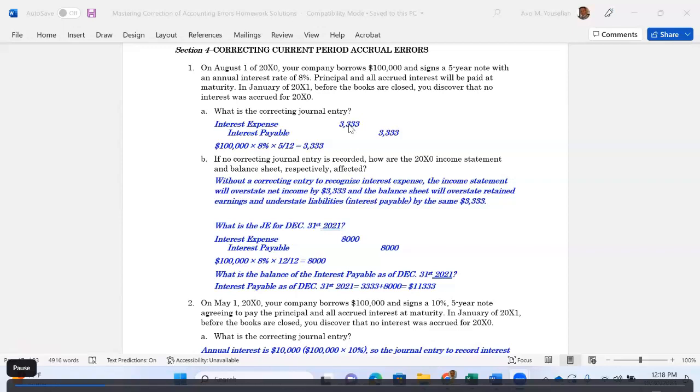If profit is overstated, that means retained earnings will be overstated in the balance sheet. And you will see also on the liability area, if you don't record the liability, it will be understated. So it's going to mess up the whole thing, right?